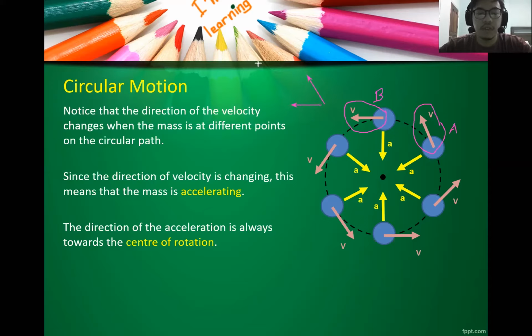If you draw it, the difference is that one. You can see the difference here is the same as this arrow here, this vector here. That difference between the two velocities is the same as the direction of the acceleration. And that's how we figure out the direction of the acceleration from the differences between the two velocities.